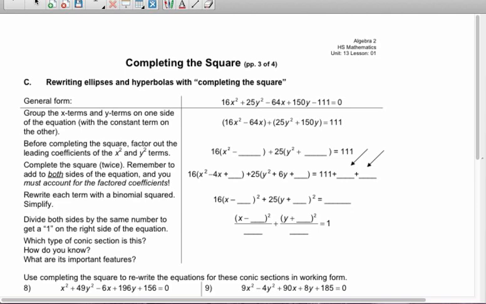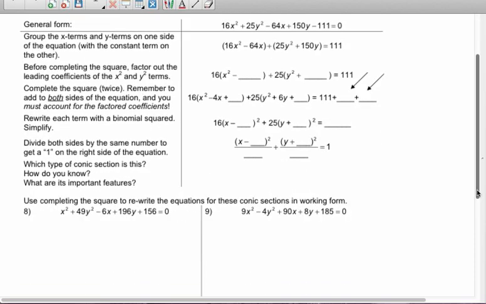Not a lot, because now all of a sudden we're going to have something in front of both our x squared term. So again, we did the same thing here. We collected our x terms, we collected our y terms, and we move our constant term over here. Now you notice I had a 16 in front of my x term. So we factored the 16 out.